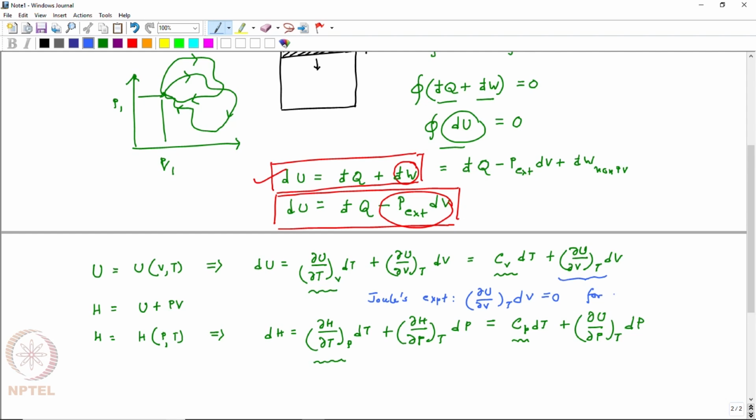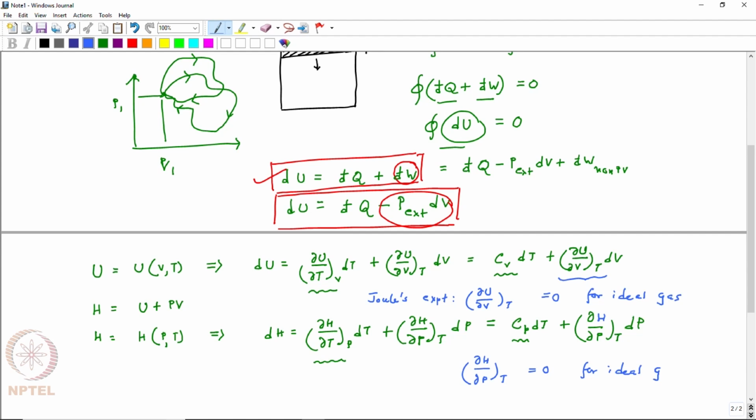So we write that for an ideal gas it is 0. Similarly, by the same token, we can also say that for an ideal gas, (∂H/∂P)T is 0.